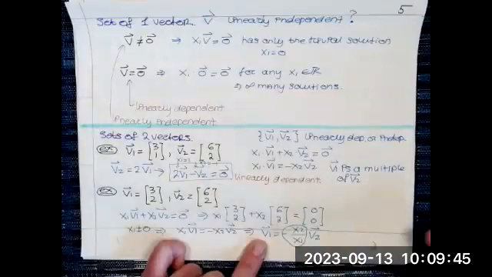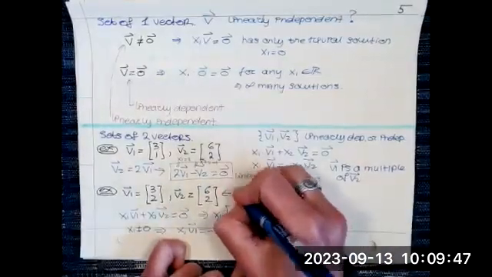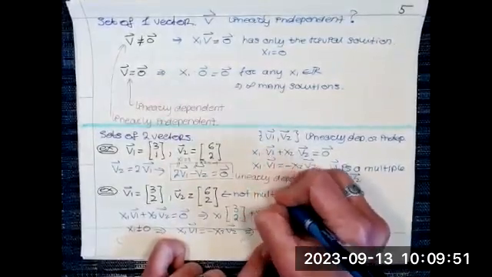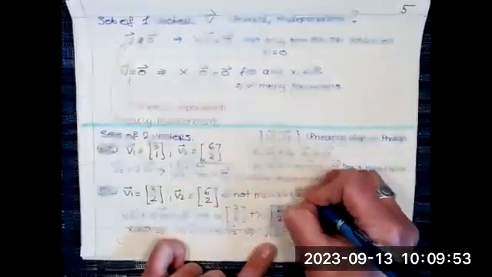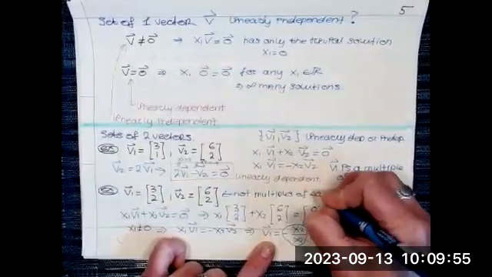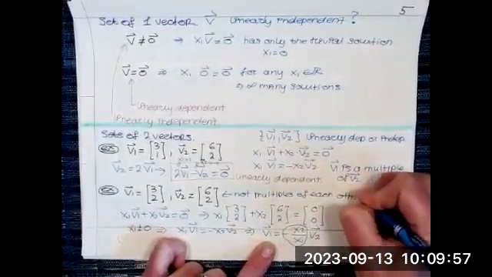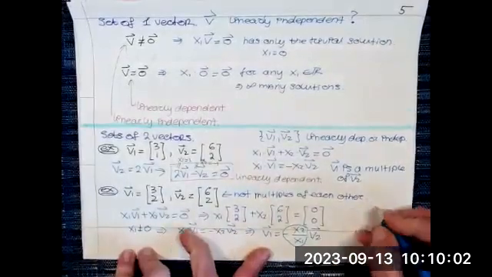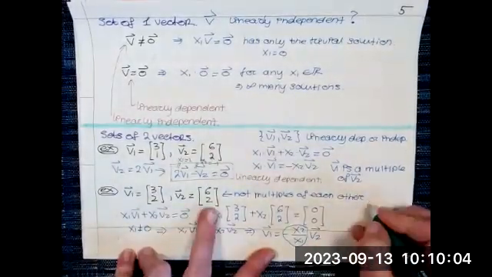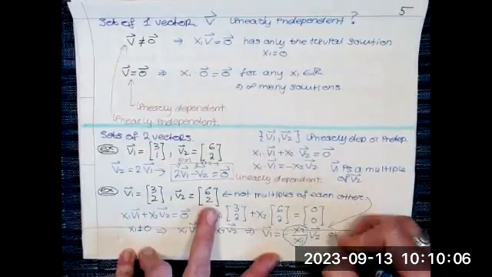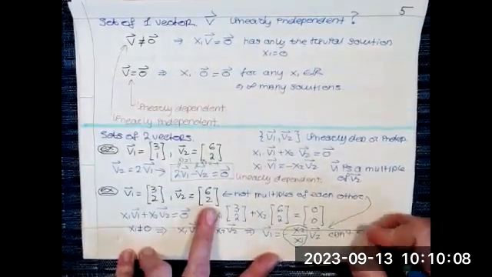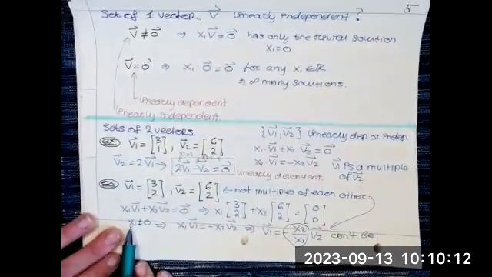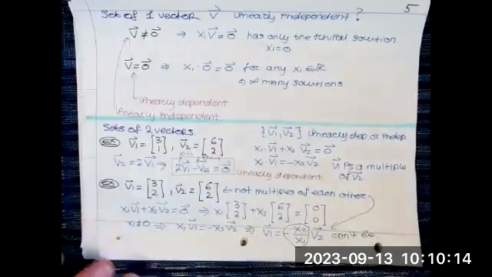So by inspection here, v1 and v2 are not multiples of each other. So this can't be, and if it can't be, then my x1 must be equal to 0.